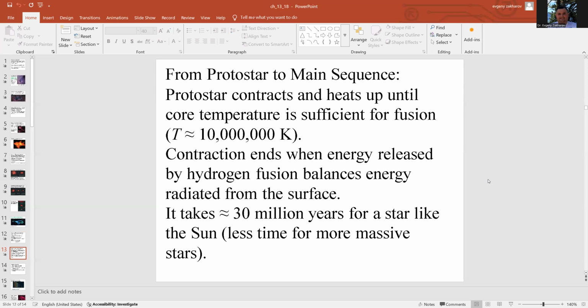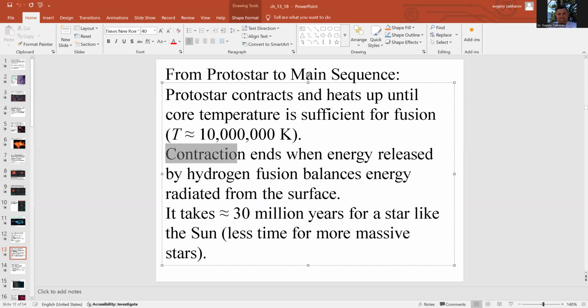Okay, the stage from protostar to main sequence. Yeah, everything is contracting, heating up. The conditions for fusion are about 10 to 15 million degrees Kelvin. And it's very important to remember that contraction ends. There is no more contraction once the star operates on nuclear fusion.